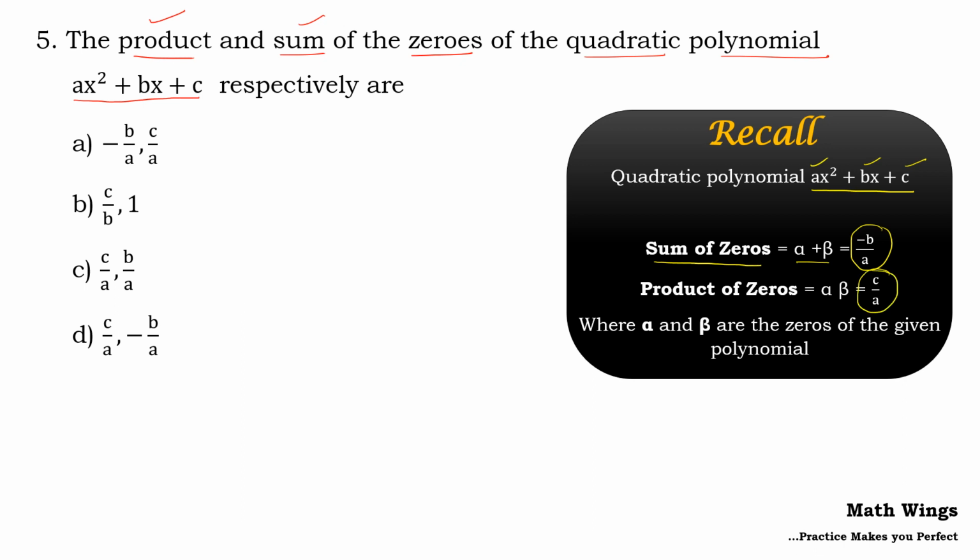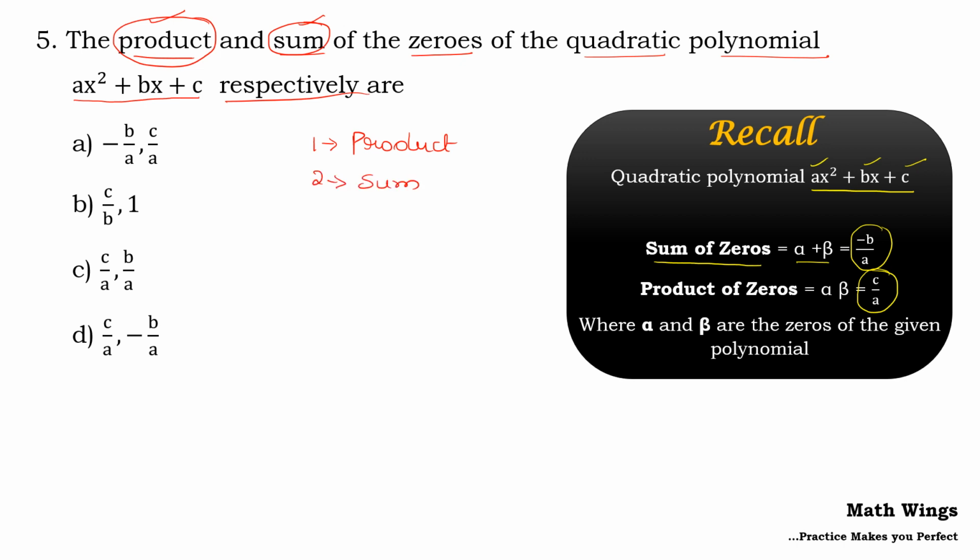Therefore, if you choose option A, which is minus b by a and c by a, it is wrong. Why? Because they have asked us to write the product and sum of zeros respectively. Therefore, first we have to write the product and then the sum.